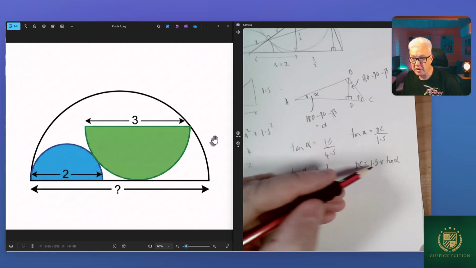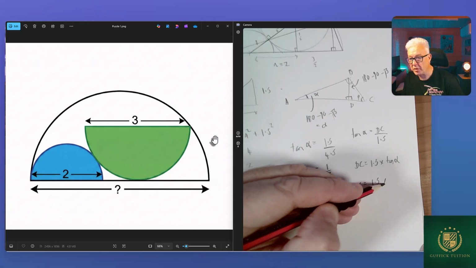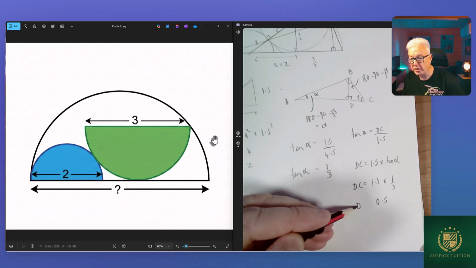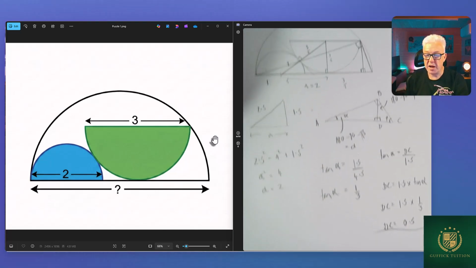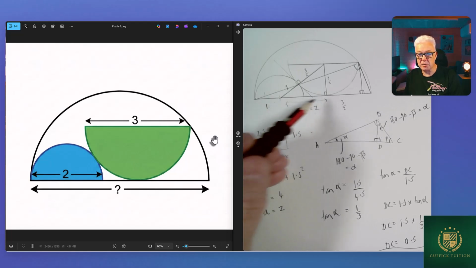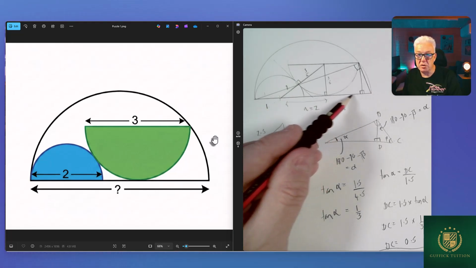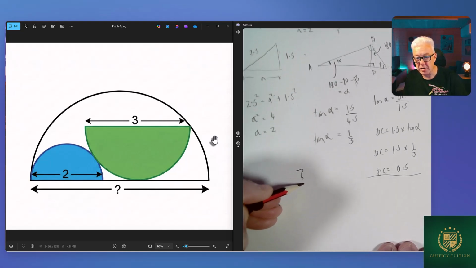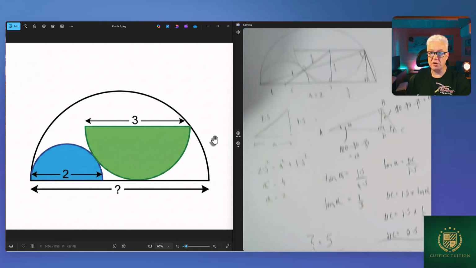But we know that tan alpha is equal to a third. So therefore DC is equal to 1.5 times a third, and 1.5 times a third is 0.5. And that is it. Because we now know that we've got 1, add 2, add 1.5, add now 0.5. So they do all add up to make 5. So therefore, we can say that the question mark is 5, which remember was our suspicion all along.